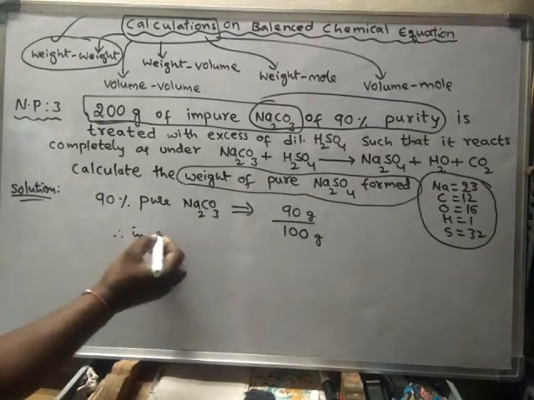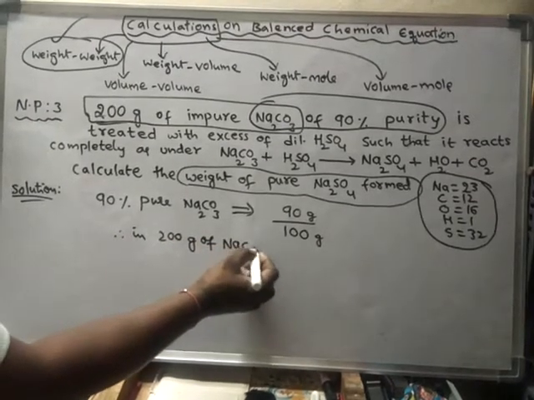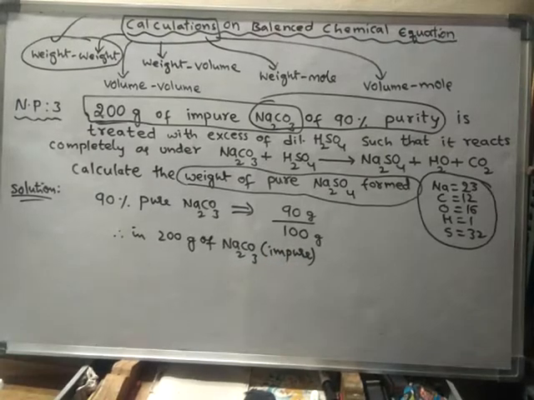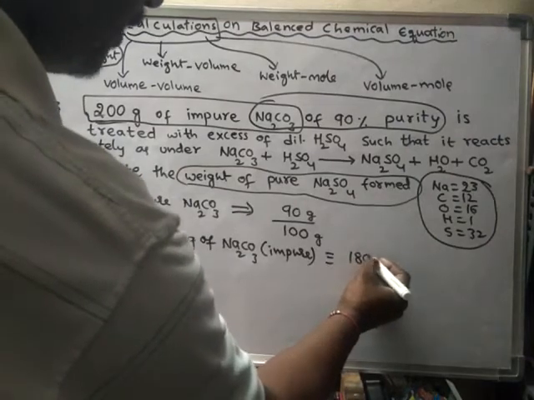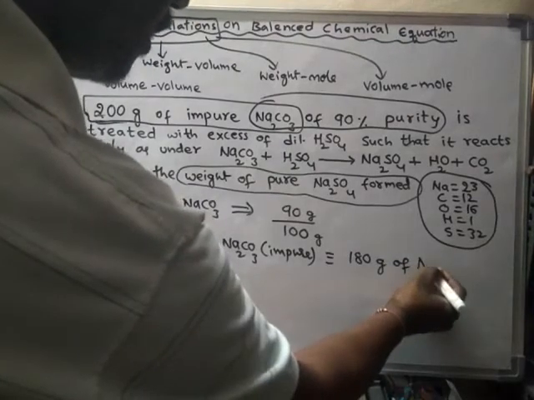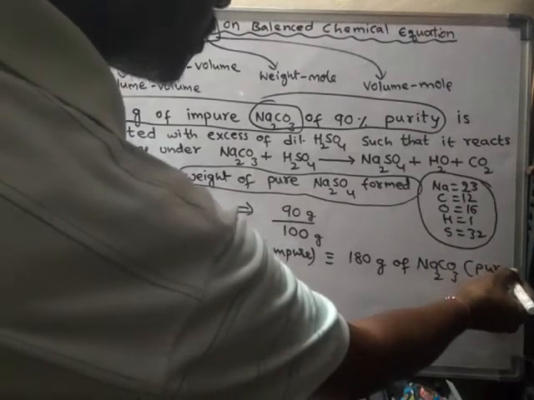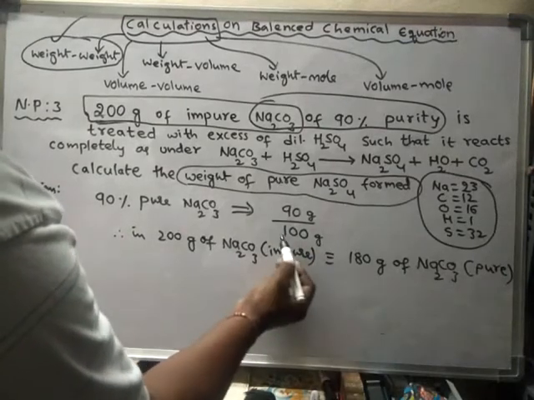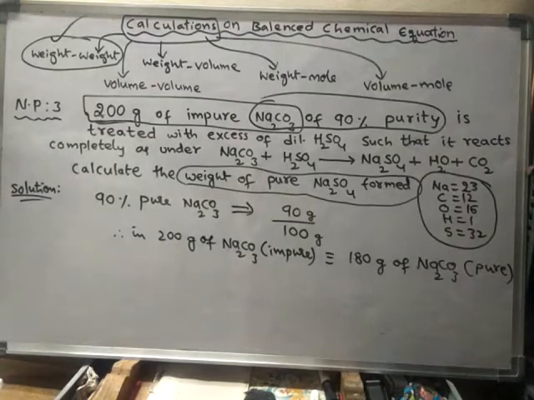Therefore, 200 grams of impure Na2CO3 is equal to 180 grams of pure Na2CO3. Because if you take 100 grams of impure Na2CO3, you get only 90 grams of pure Na2CO3.